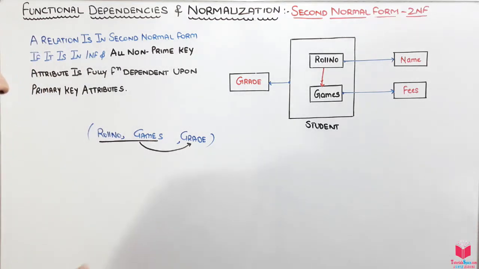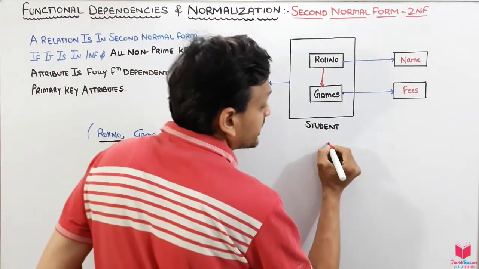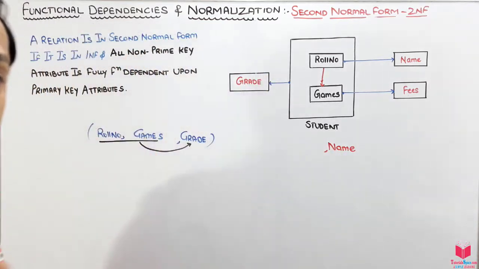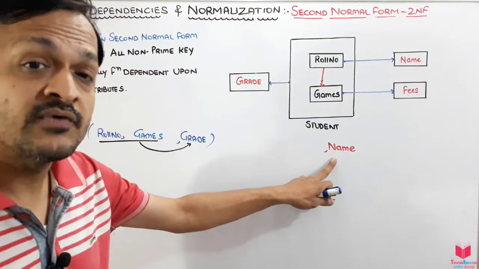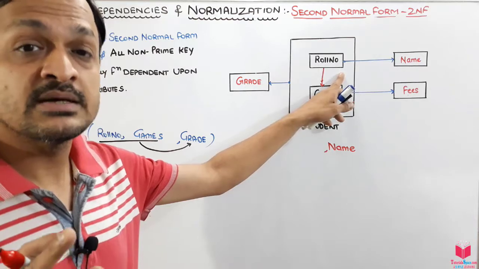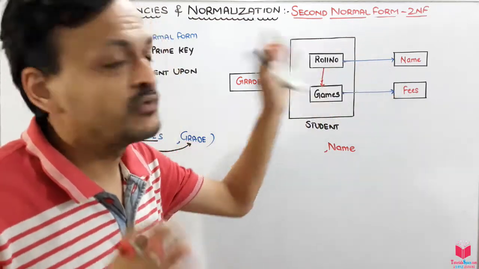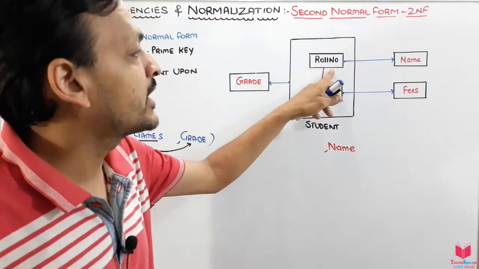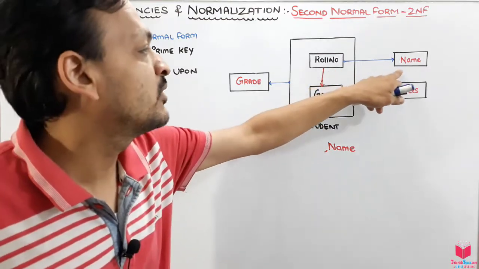Okay guys, after that, what about name and fees? We take the non-prime key first, name. Name is fully functionally dependent upon which key only? Roll number. This is the prime key on which name is fully functionally dependent, not roll number and games. It only requires roll number to get the name of that student.